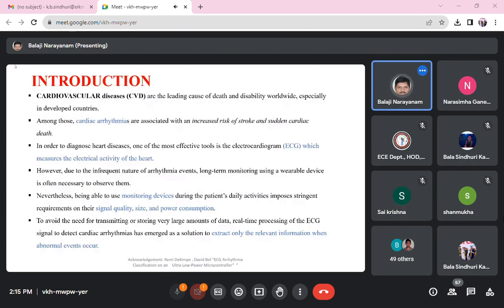It is the leading cause of death and disability worldwide, especially in developed countries. Among those, cardiac arrhythmias are associated with an increased risk of stroke and sudden cardiac death. In order to diagnose heart disease, one of the most effective tools is the ECG, which measures the electrical activity of the heart. This is what an ECG is.